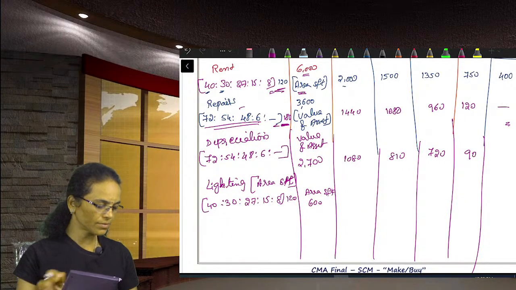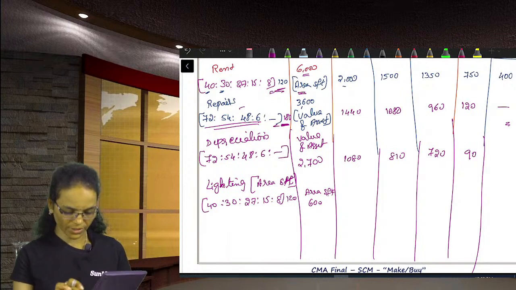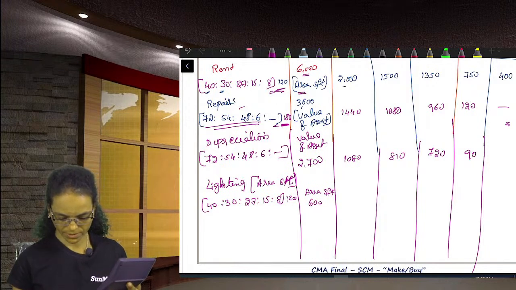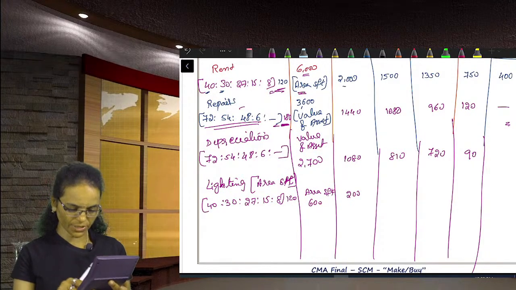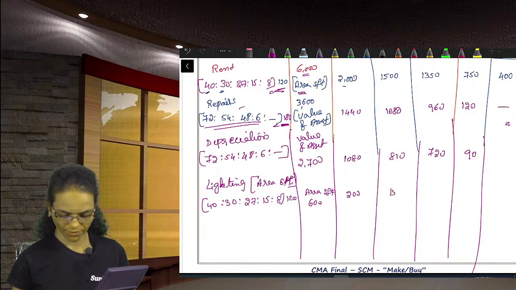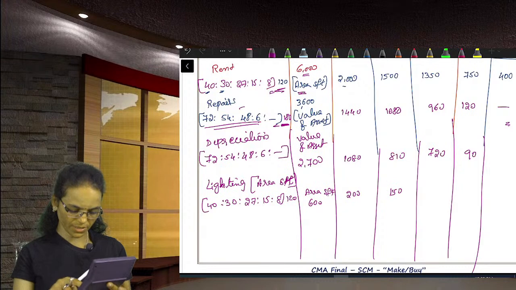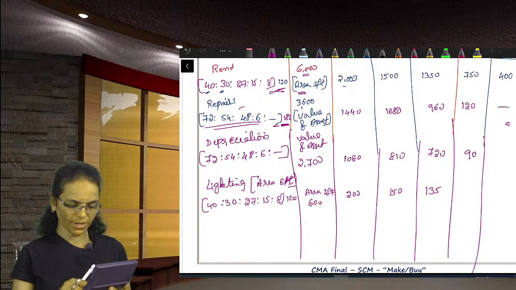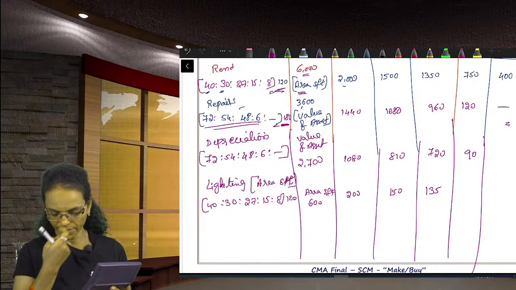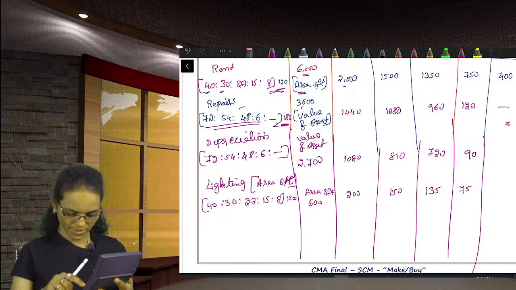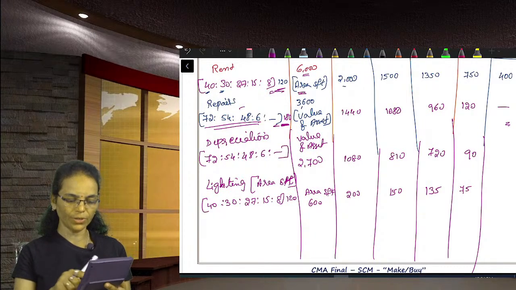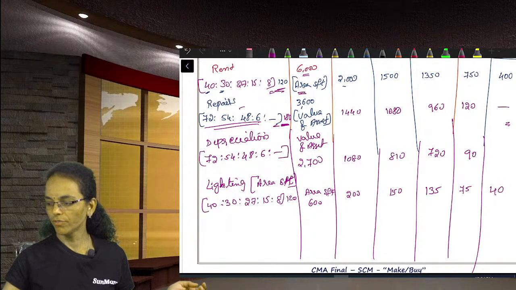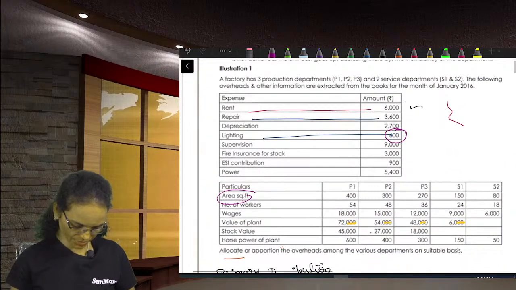Calculate once again. 40 divided by 120 into 600 is 200 rupees. 30 gives 150. 27 gives 135. 15 gives 75. 8 gives 40.